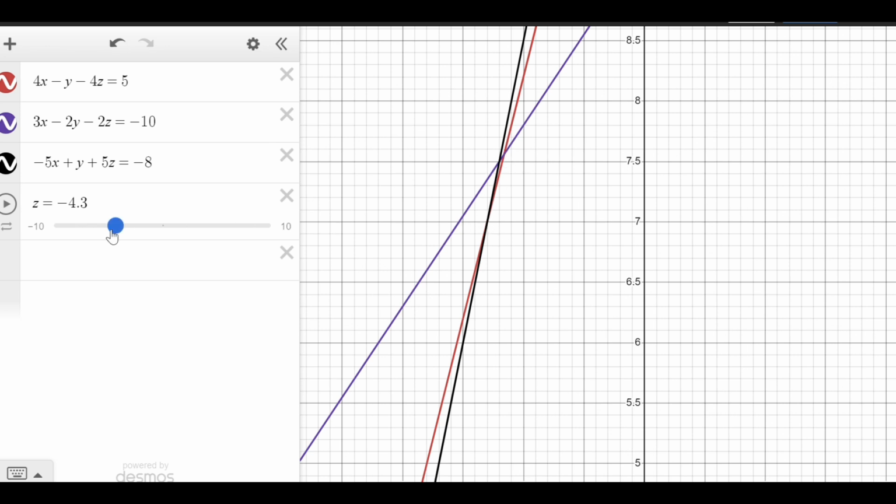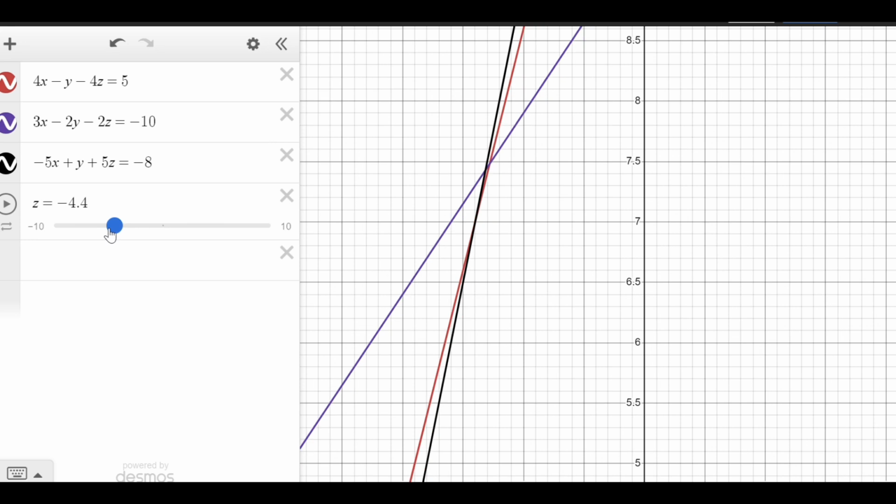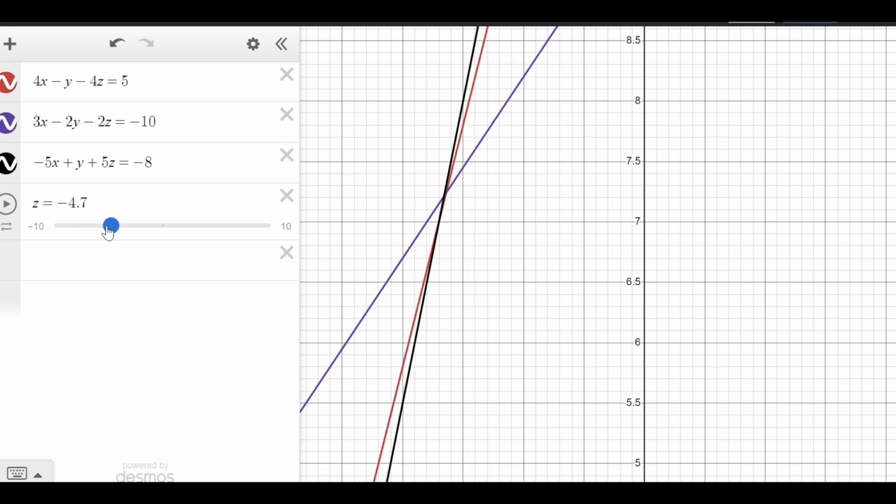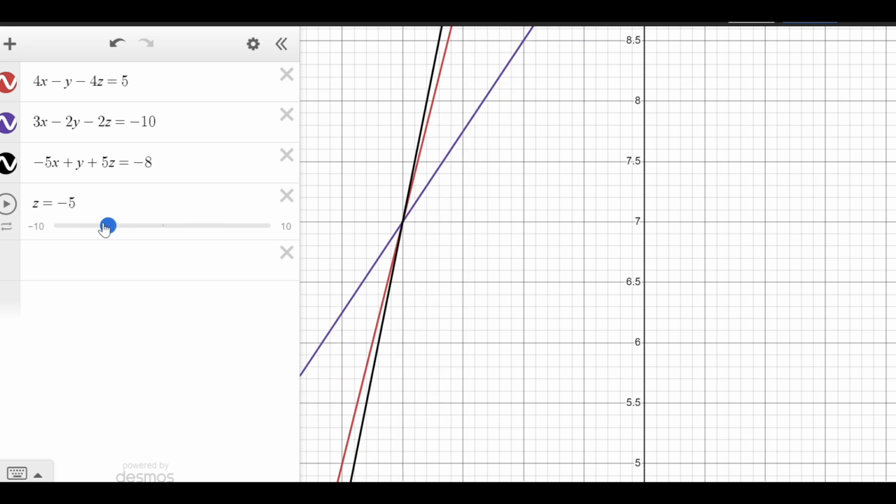I click on the dot where they cross, and it tells me that X is -2 and that Y is 7. And then Z, we already know because that's what the slider tells us. Z is -5. So when Z is -5, X is -2, and Y is 7, the lines cross at this point.